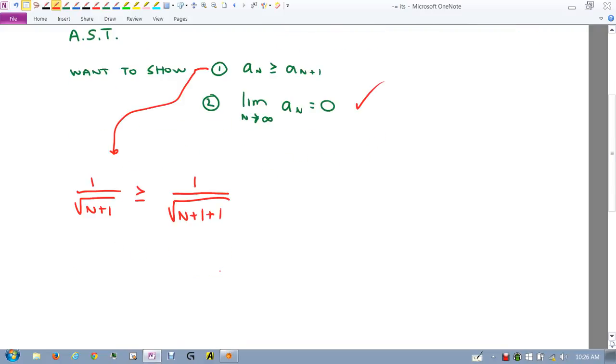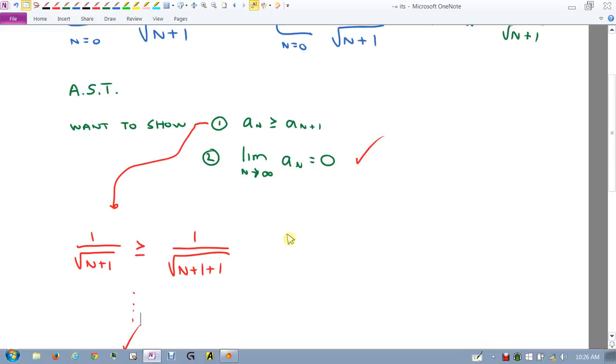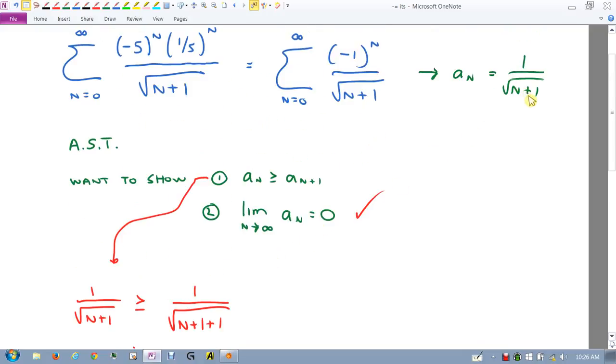You could work this inequality out, couldn't you? And figure out that it's true or not? Another way would be to take the derivative of this and show that it's always negative. You could do that also. Take the derivative of this, treating it as a function of x.